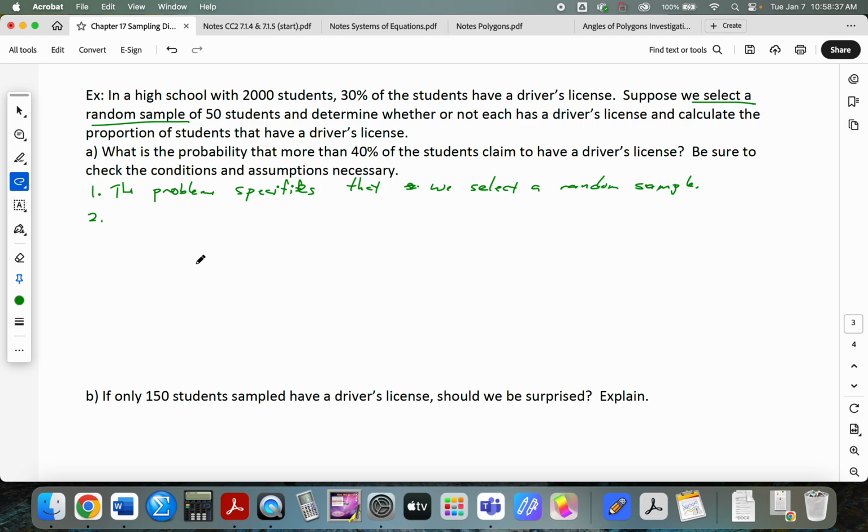The second part, independence. All right. So we can't know for sure that one is independent of the other, right? No. But it seems reasonable to assume that each student's driver's license status is independent.